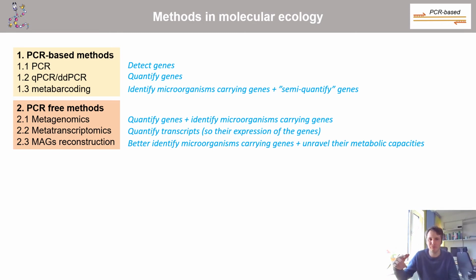With PCR-free methods, with metagenomics, you can quantify genes and identify microorganisms carrying the genes. With metatranscriptomics, you can quantify transcripts, which is even more interesting. And finally, with MAG reconstruction, you can identify microbes carrying genes better than with the phylogeny, and you can unravel their metabolic capacity.